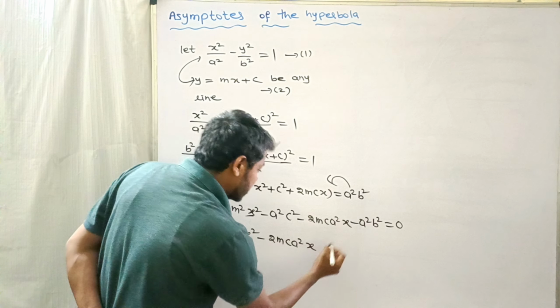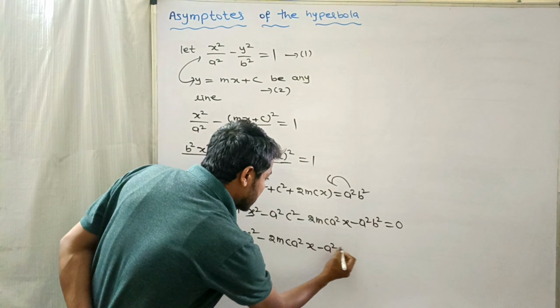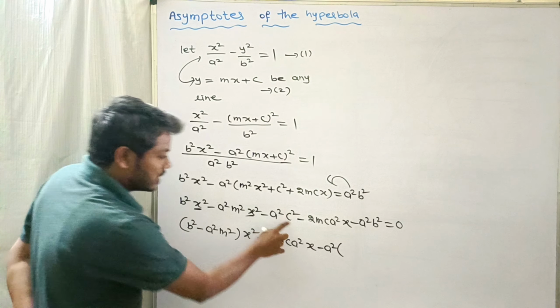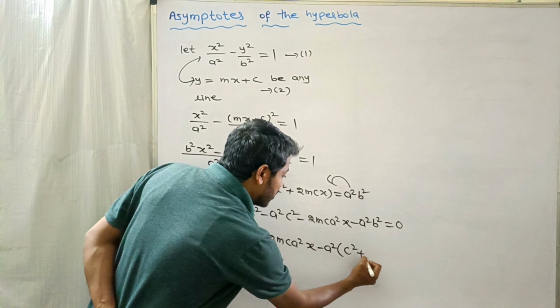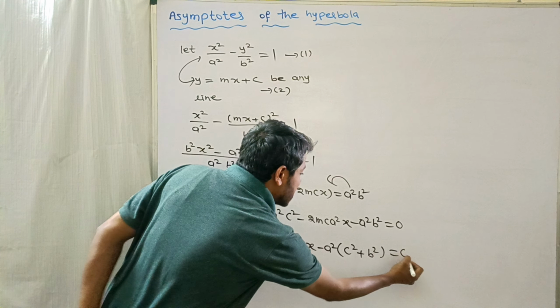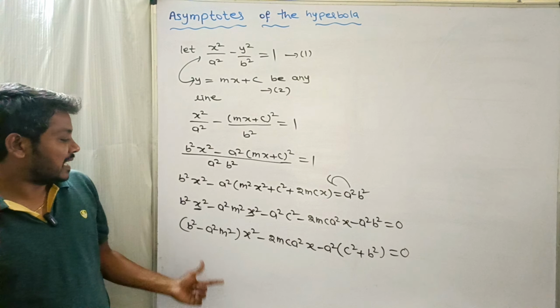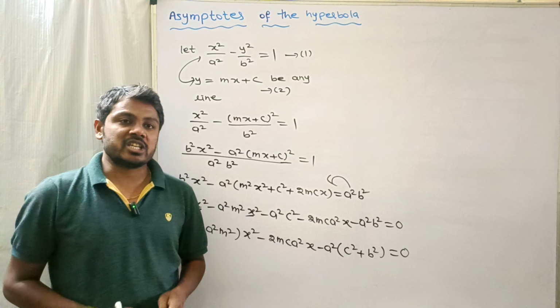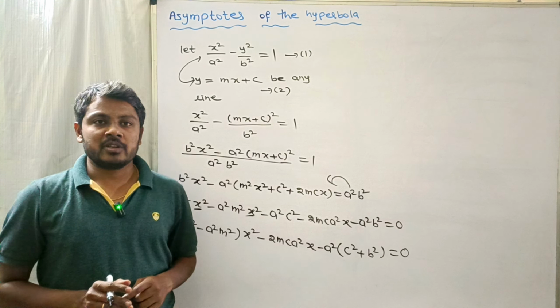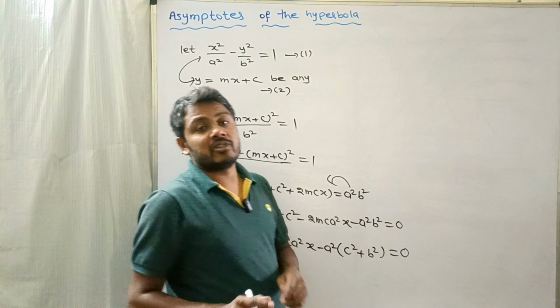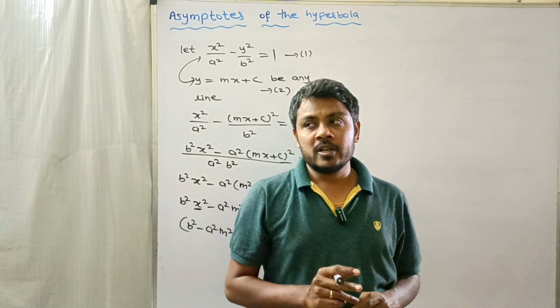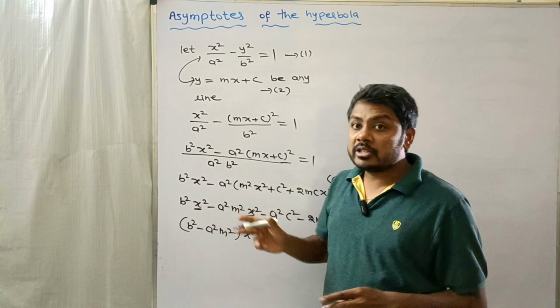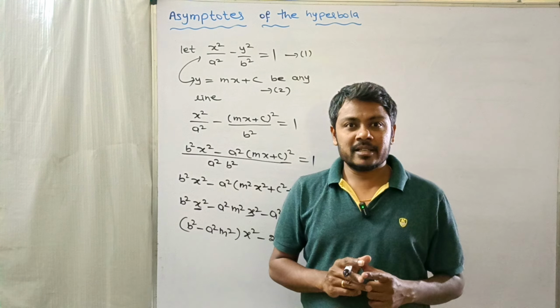Next this one constant, minus a square is common. So what will you get? (c square plus b square) equals 0. So clearly this is a quadratic equation in terms of x. We know that for any quadratic equation we have two roots, so they are intersecting at two distinct points.